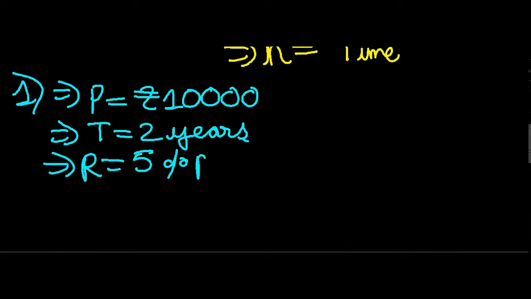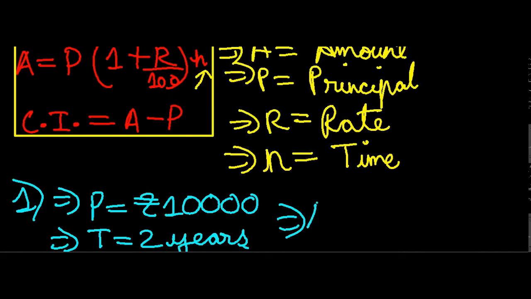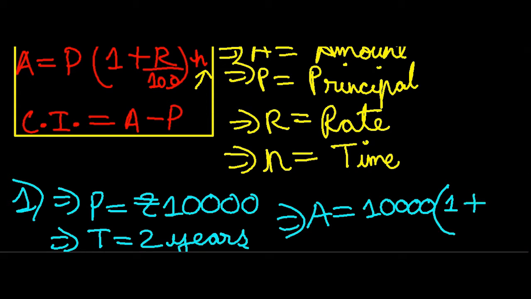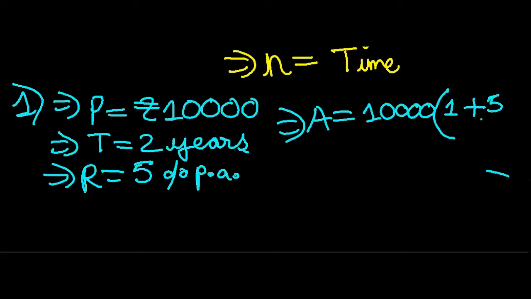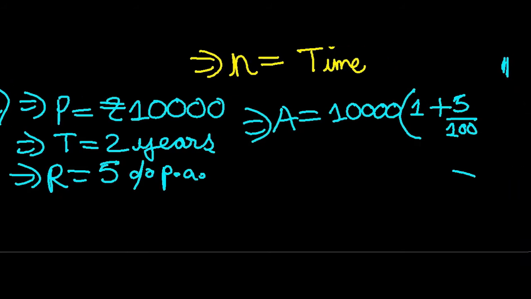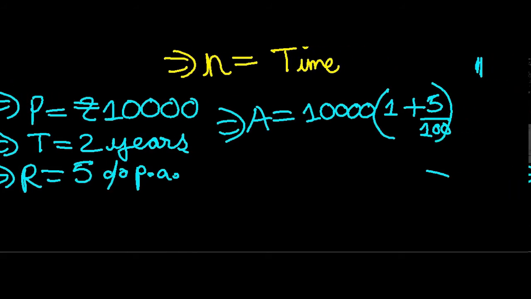So let's write A is equal to 10,000. 10,000 is principal. In bracket 1 plus 5 by 100 to the power n. n is 2 years.